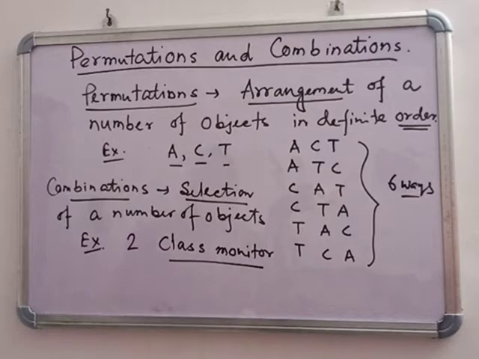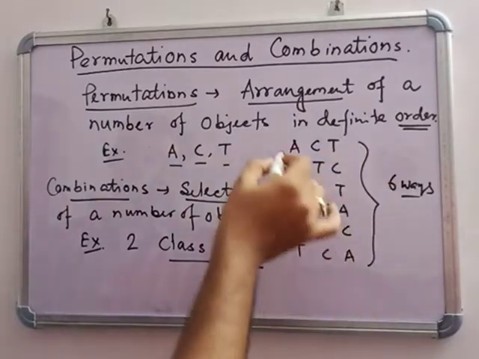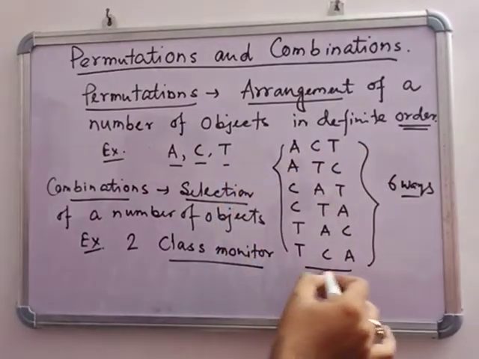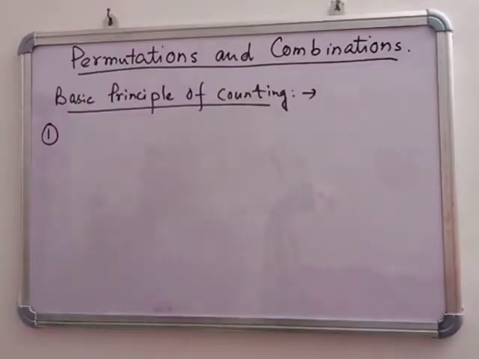Now, in the permutation, we saw 6 different ways we can arrange. Now, we are going to discuss the basic principle of counting. What is the basic principle of counting?